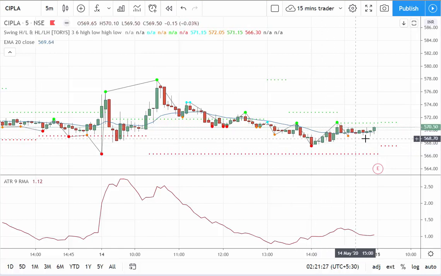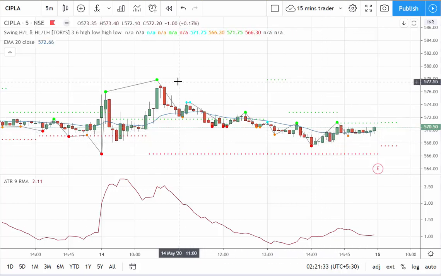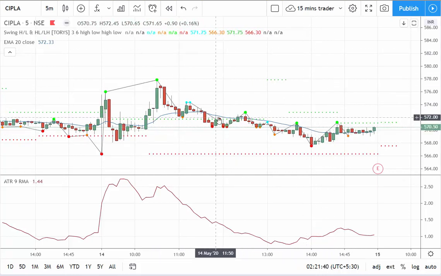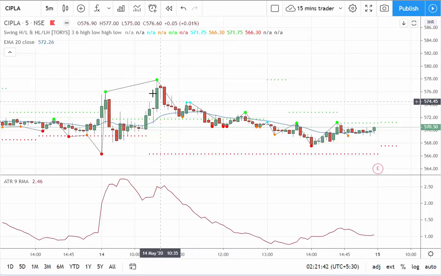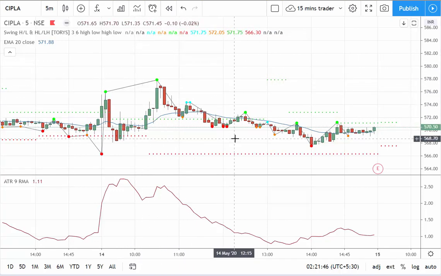I booked it at the end because of this candle reversal closer to 570. You can see I've lost 4 rupees here, I've gained 2 rupees here, so the combined loss was 2 rupees. I had clearly made a mistake over here, which led to a loss of 4 rupees. Hope you would not make the mistake.